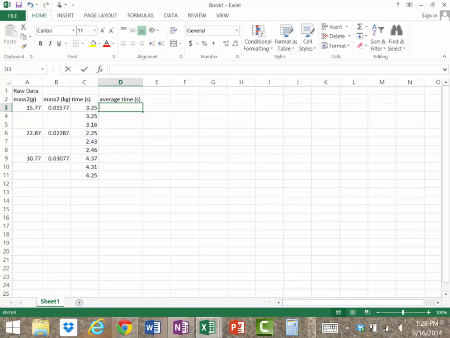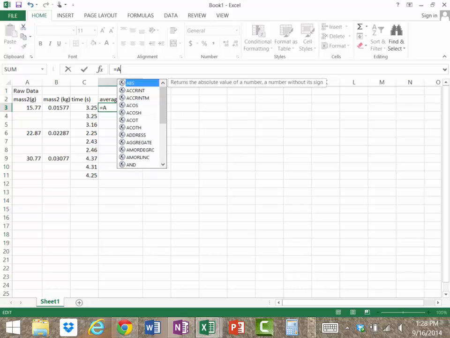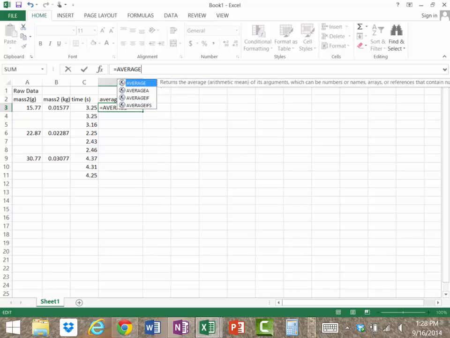And then either in the box there, you can double click to get there, or up here in the function. Either way is fine. So listen, even if you're not quite done typing in data, listen right now so you can see what to do, so I don't have to repeat it over and over. I'm going to hit equals, and then capital AVERAGE. We know that word, right? Then open parentheses. Everything you do to calculate things for you, you always will have an equal sign, saying I want you to do something.